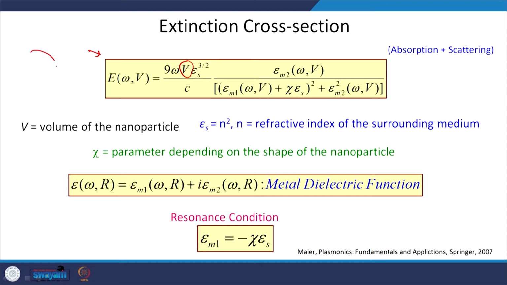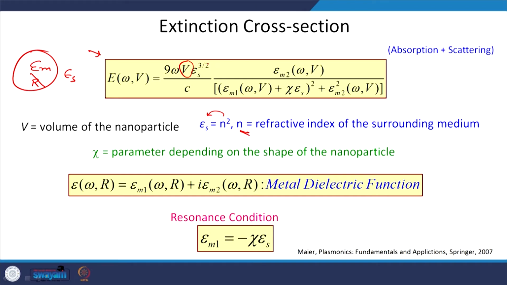So, suppose this is a nanoparticle with epsilon m and radius r, and this is the dielectric function of the medium which is surrounding the nanoparticle. So, suppose your nanoparticle is dispersed in water, then n will be the refractive index of water and epsilon s is equal to n square, that will be the dielectric function of the medium surrounding it. Okay.